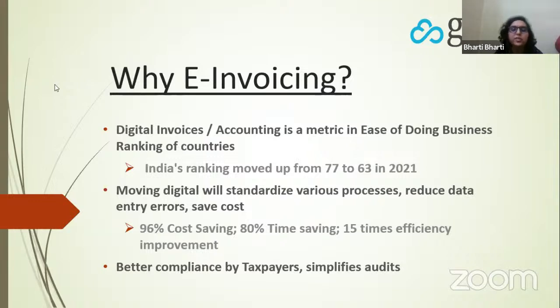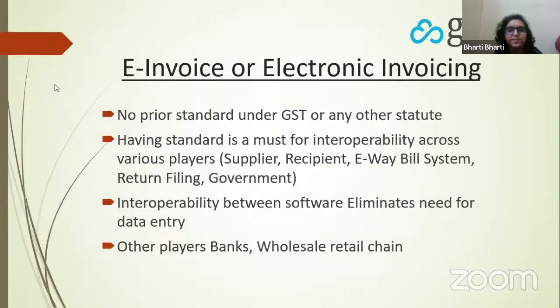By bringing in transparency, India's ranking in terms of ease of doing business has moved up from 77 to 63 in 2021. It also helps in better compliance by the taxpayers and simplifies audit. If the GST department comes for auditing your books, you will have an online record of everything you have generated. This will simplify your audits.